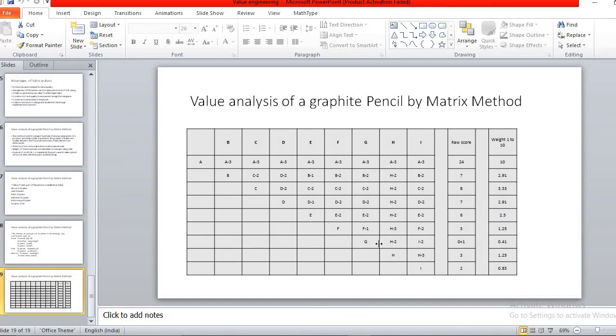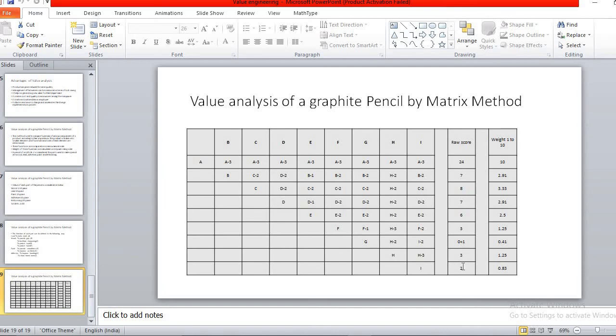Now for G, in the correlation between G to H and G to I, importance is given to H and I. So G score is a 0, but instead of considering 0, it is 0 plus 1 half of the lowest element score.